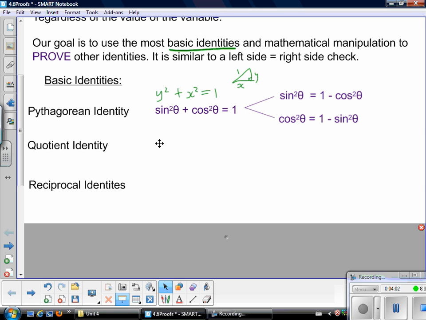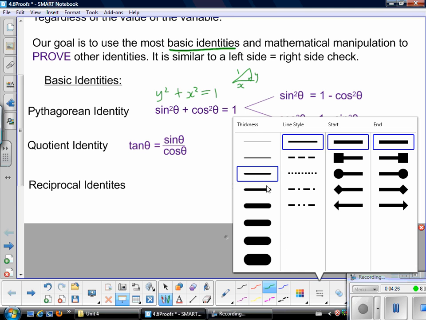The next identity, and we've talked about that too, is tan theta equals sine theta over cos theta. Now, that is true. We've talked about that before, that it's y over x. Again, using the unit circle. And I just want to get my pen up here. Lovely little thing. That was sarcastic, by the way.